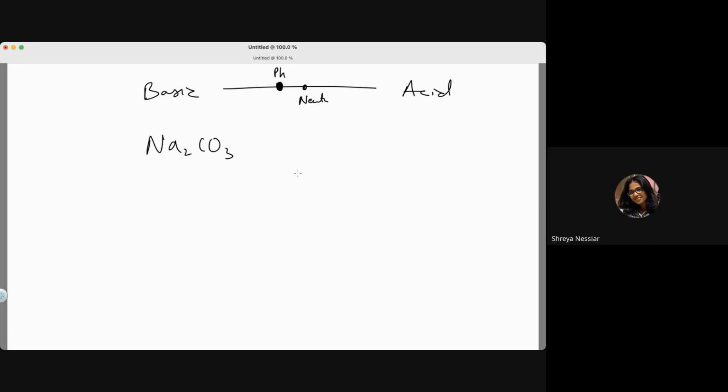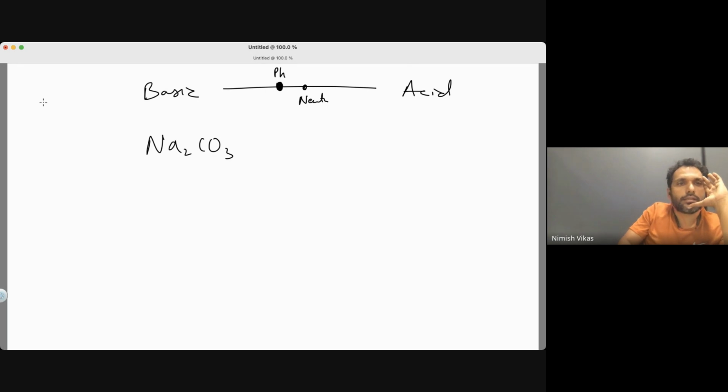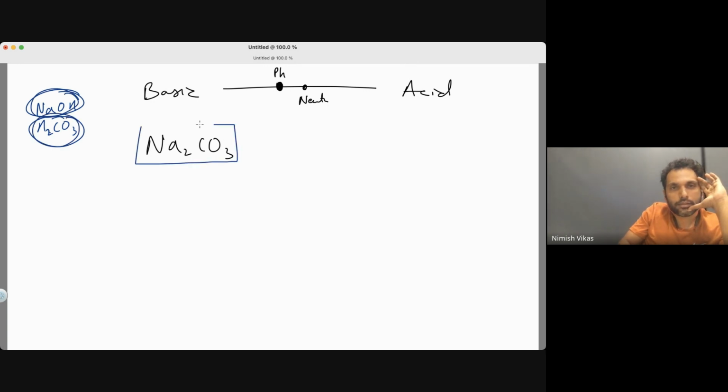Base. Yes, it is a base. The reason is, as I was telling them yesterday, it is made of a strong base and a weak acid. I was telling them that this is something you can drink, it is soda, and if you drink the other, you die. So it's a mixture of these two, a strong base and a weak acid. So this is actually a base.